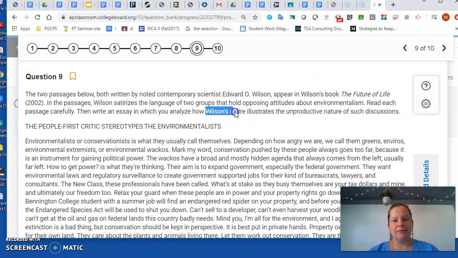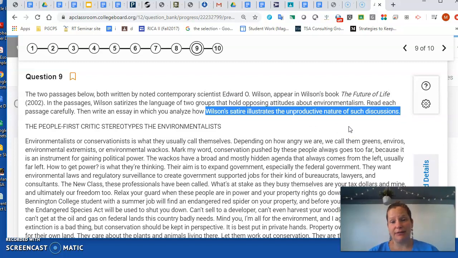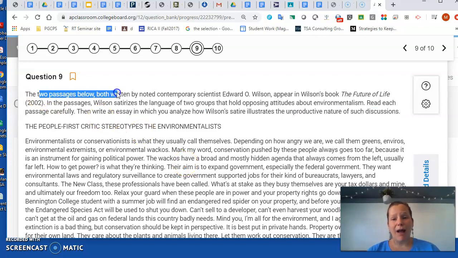Alright guys, satire. They're telling you it's satire, which is great. They might not always do that. So if something sounds extra snarky or extra sarcastic, consider whether it could be satire, especially if it sounds like criticism of something in the public life. In this case, you also have two passages.